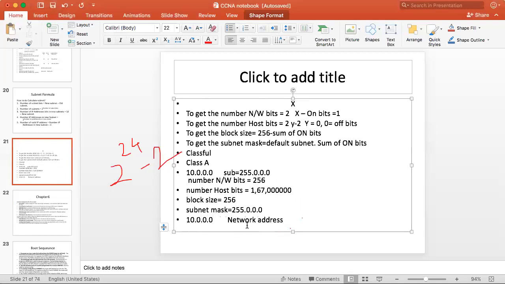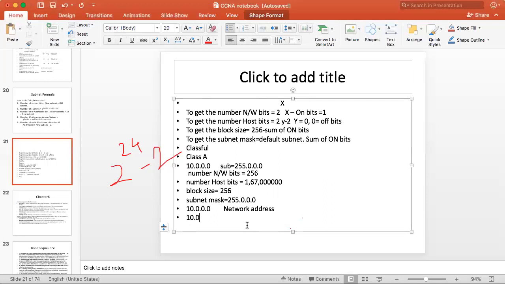And the next IP will be the valid IP address, which means this IP address you can assign to any of the hosts. Then this will keep going 0.1, 0.2, 0.3, 0.4 till 0.255, and once it reaches 255, the next octet will become 1.